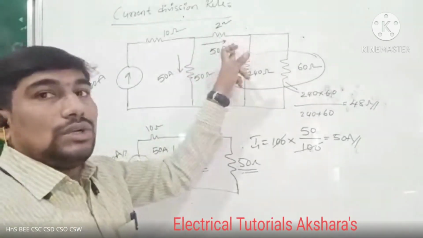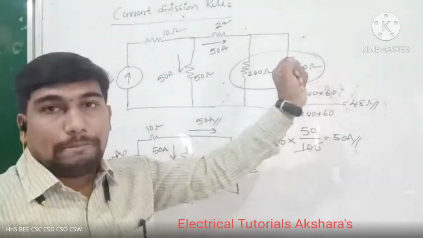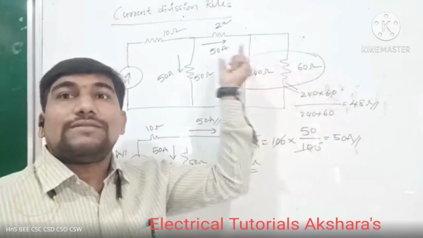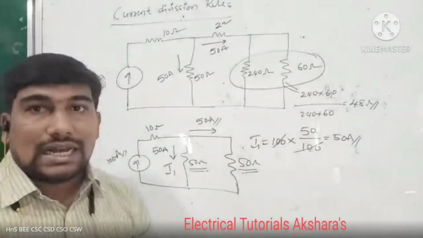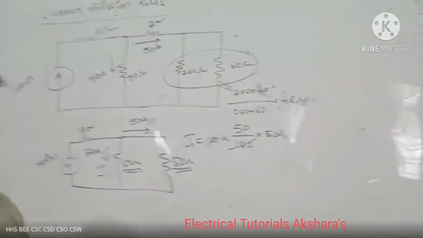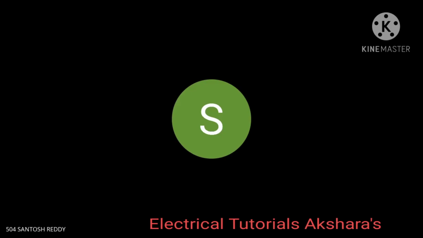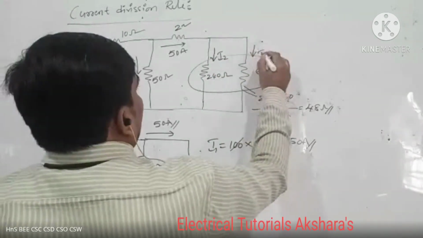The remaining 50 is the total current of 240 as well as 60 ohms. For example, this is called I2 and this will be I3.